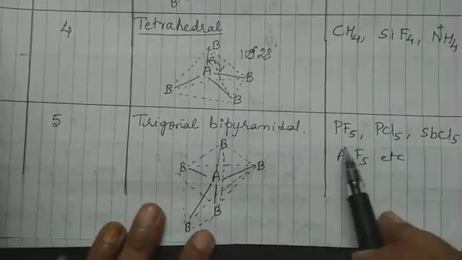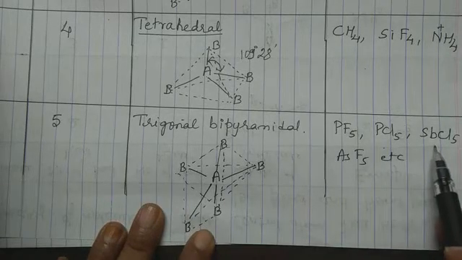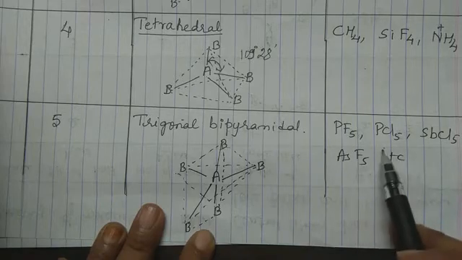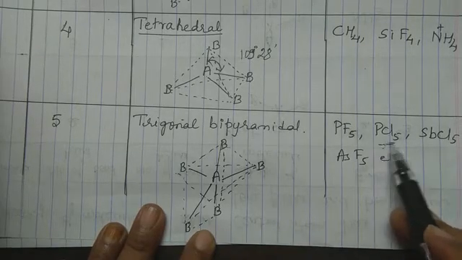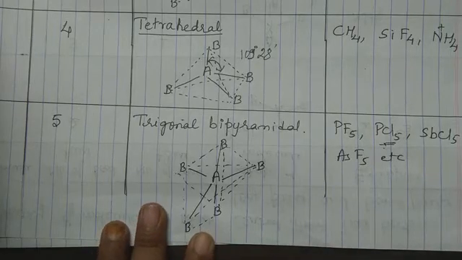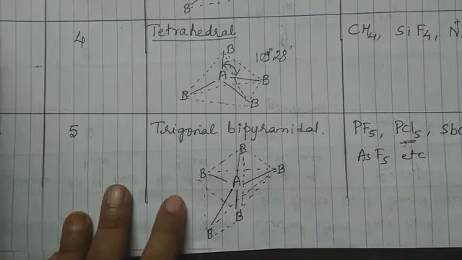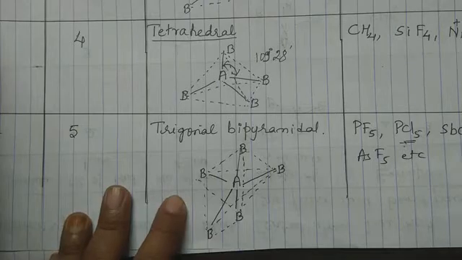We have PF5, PCl5, SbCl5, AsF5, etc. You should be very familiar with phosphorus pentachloride. And what will be the structure of the molecule? It will be trigonal bipyramidal.